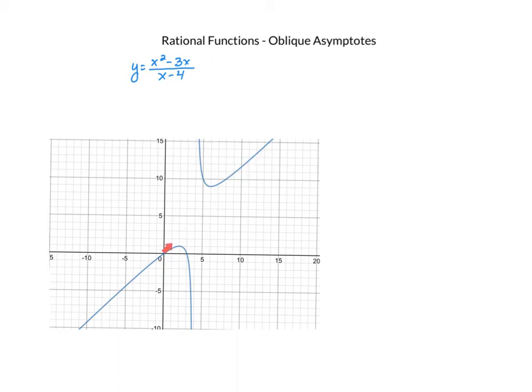This line that's at an angle. It's not horizontal and it's not vertical. And in fact, the oblique asymptote for this function, let me abbreviate it, oblique asymptote, is at y equals x plus 1.